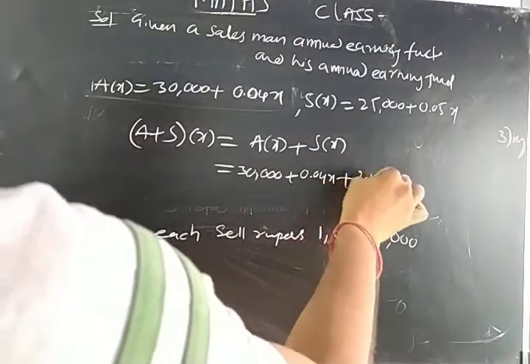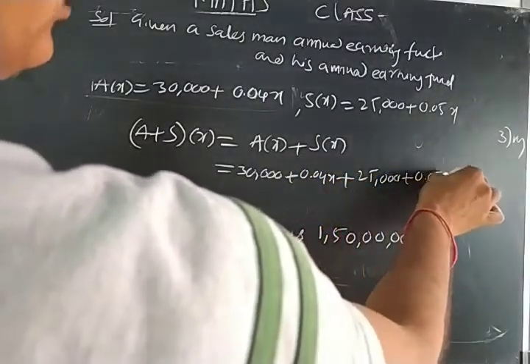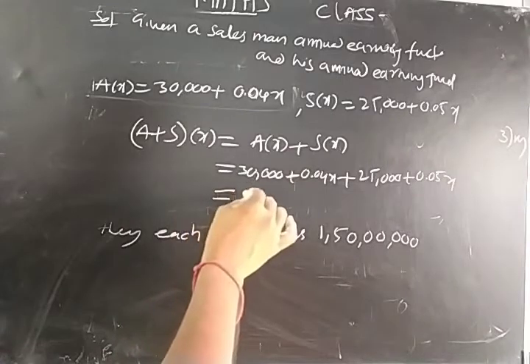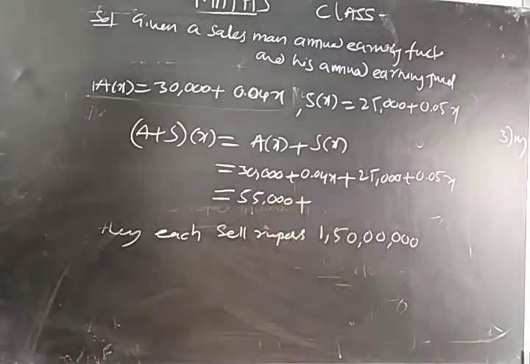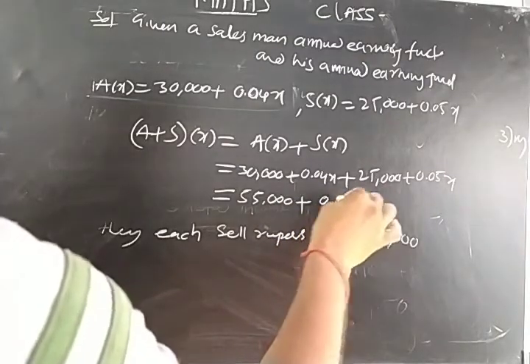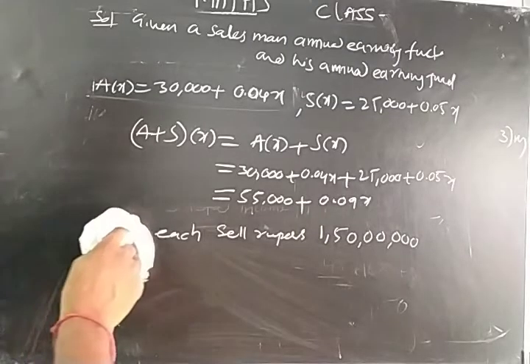S of x is 25,000 plus 0.05 into x. Now by adding these two, 30,000 plus 25,000 is 55,000, 0.04 plus 0.05 is 0.09x. This is the required total function for the family.